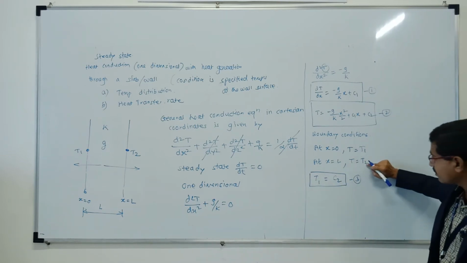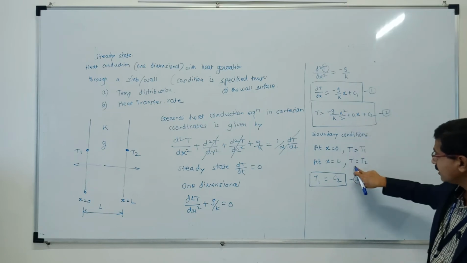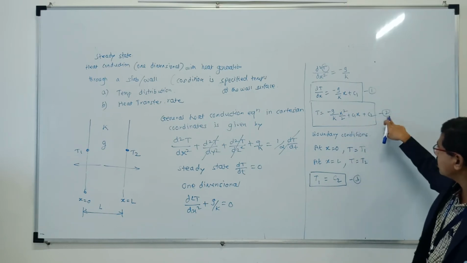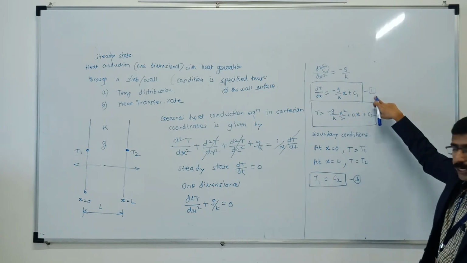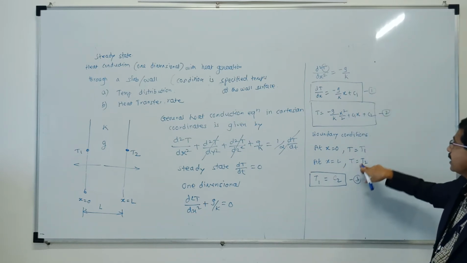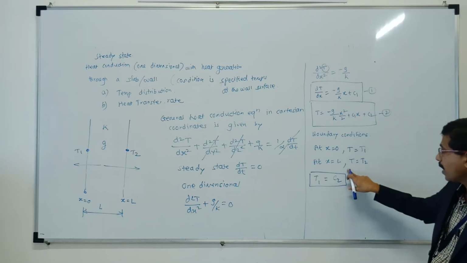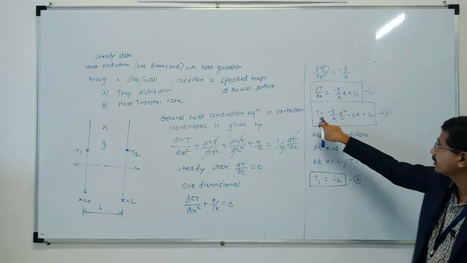Now let's put the second boundary condition in the same expression. The value of T is given, so I have to use the second equation. If dT by dx is given, I have to use the first equation. As this is T, I have to use the second equation. So at x is equal to L, T is T2.